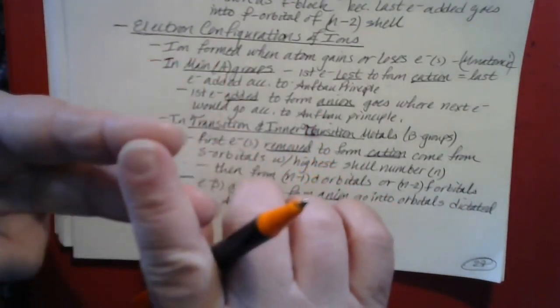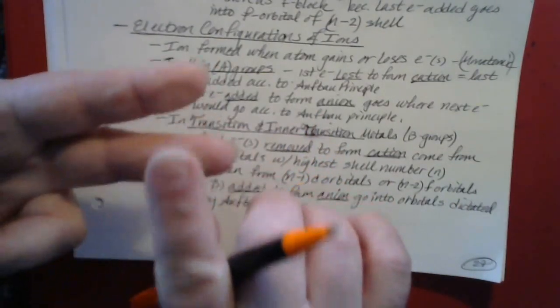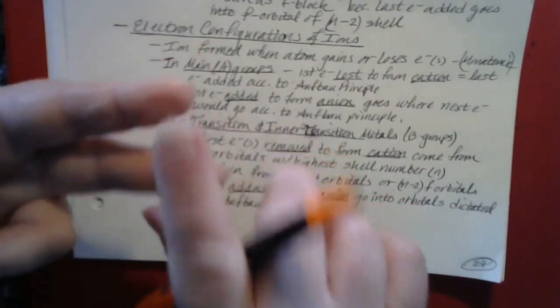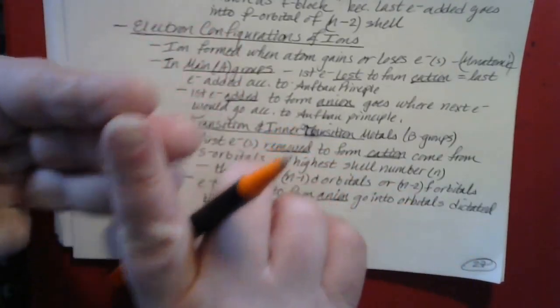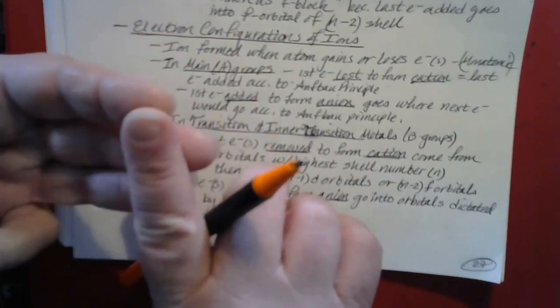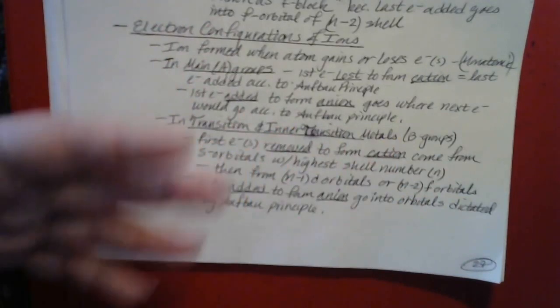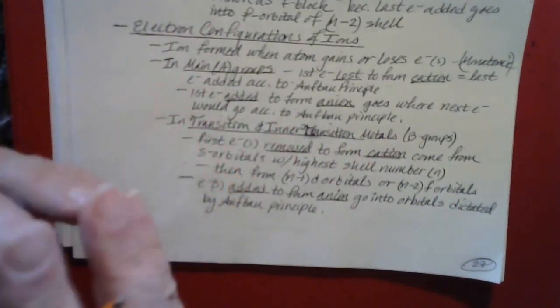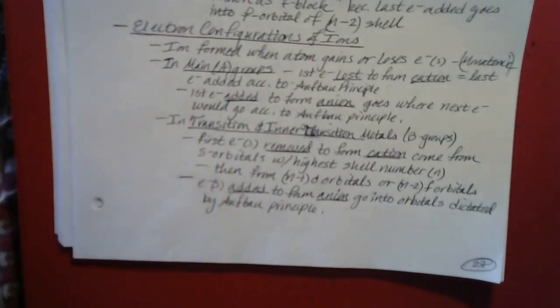If the transition element has a charge of +3 or higher, then you lose both of the s electrons in the highest number shell, and then you would also lose some d electrons in the n-1 shell. So for the transition elements, you don't start losing any d electrons until you're up to a charge of +3. Then you start losing d electrons.